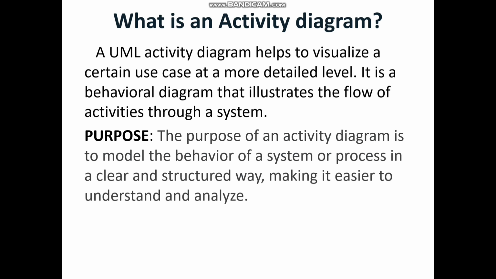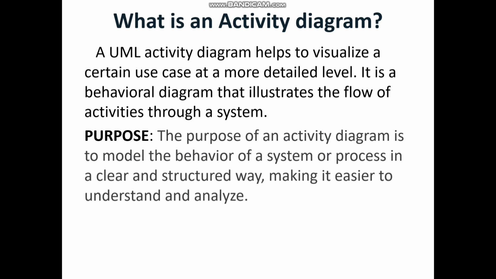The purpose of an activity diagram is to model the behavior of a system or process in a clear and structured way, making it easier to understand and analyze. The main advantage of activity diagrams is that they provide a visual representation of complex systems or processes that can be easily understood by both technical and non-technical stakeholders.